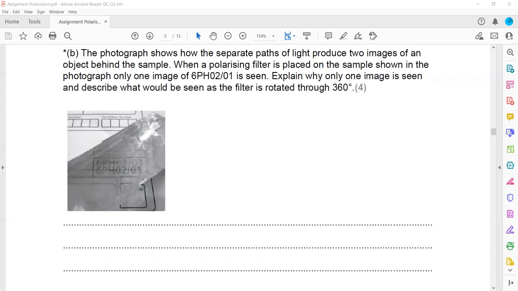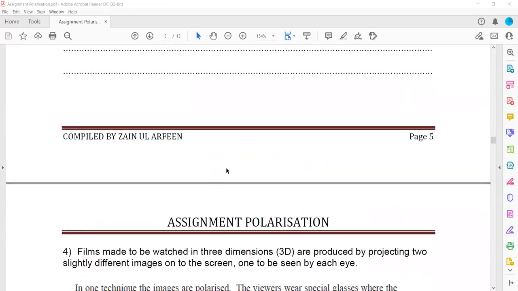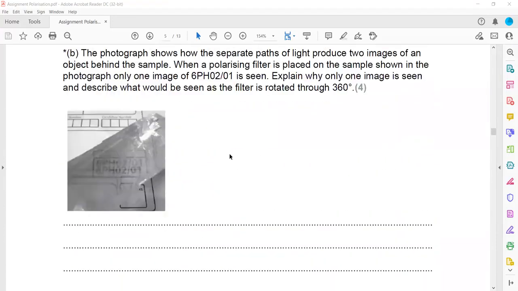And if we rotate the polarizing filter, as two images are seen, one is basically due to the refraction, the light which is directly refracted. So it is having both components. There is a horizontal component and there will be a vertical component.